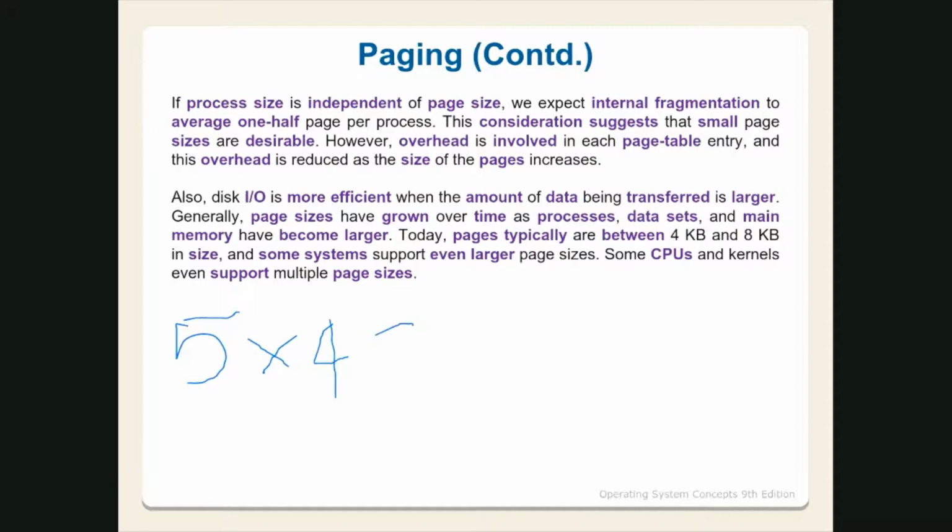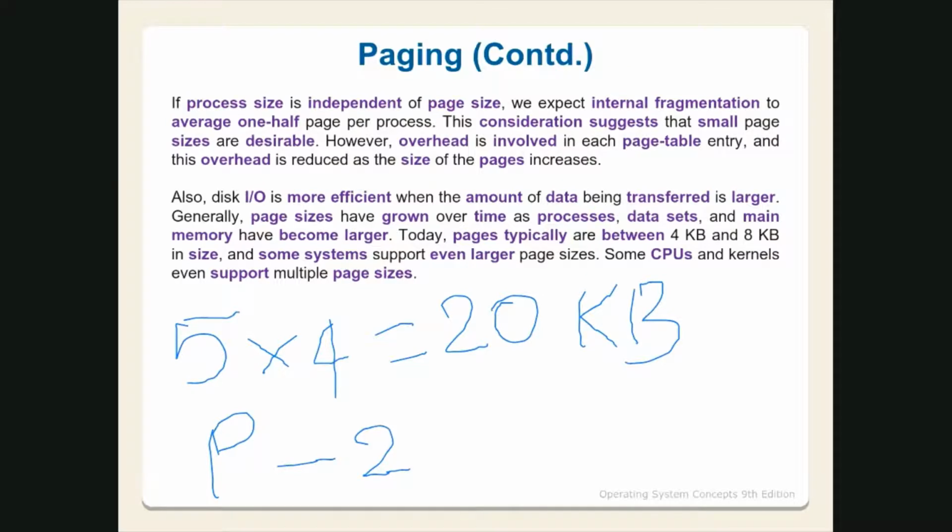So what does it mean? One page is 4 KB, so 5 pages is 20 KB. So I can have 20 KB of process. Let's assume you have a process P, and the size of the process is 21 KB. The process size is independent of the page size.